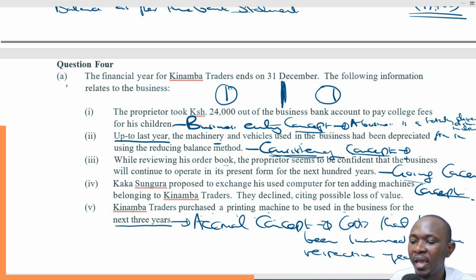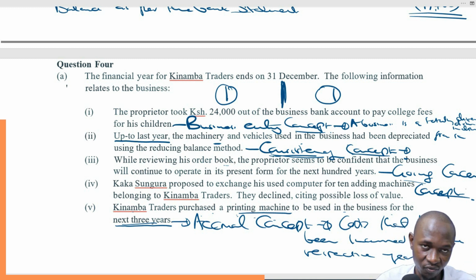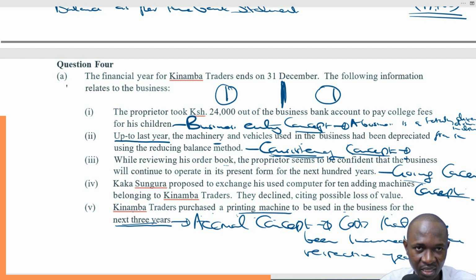So if you are going to buy a machine that will be used in the business for the next 3 years, then the accrual concept allows us to charge the part of the machine that has been used in the first year for the first year, the part used in the second year for the second year, the part used in the third year for the third year. That is in line with the accrual concept, where we capture what has been actually used in that particular year as being the cost incurred.